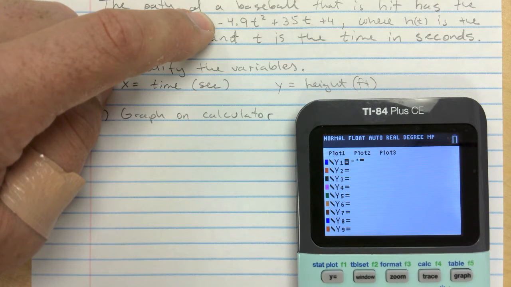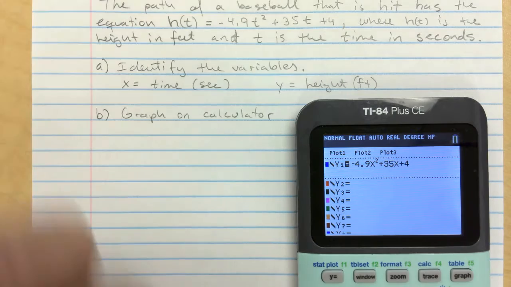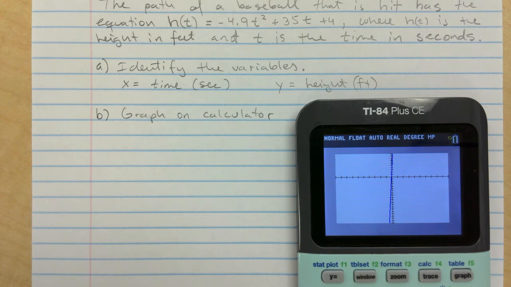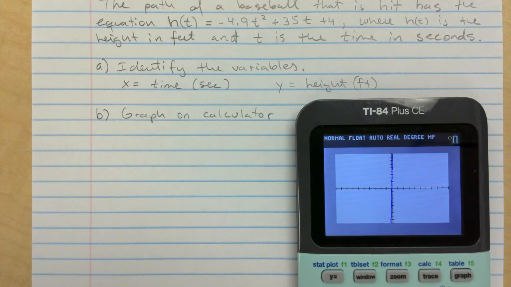So negative 4.9 x squared plus 35x plus 4. And then I hit graph. My window is not appropriate. So what I'm going to do is I'm going to go zoom 6 just to reset. And this is a word problem, correct?